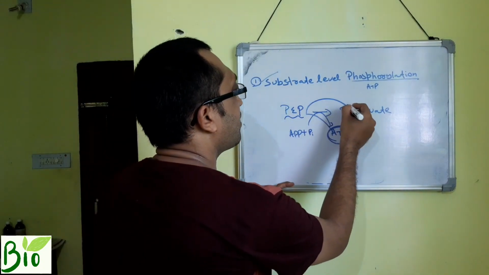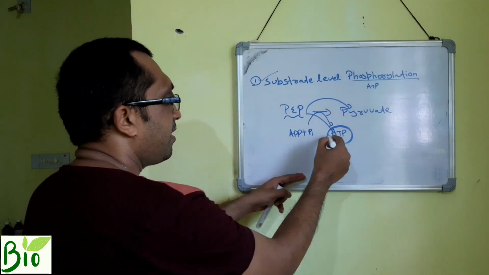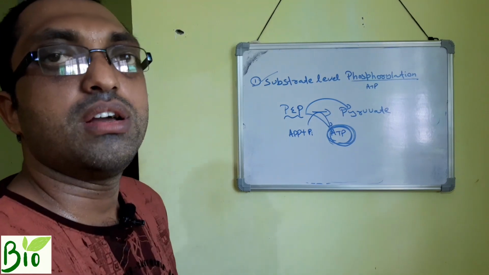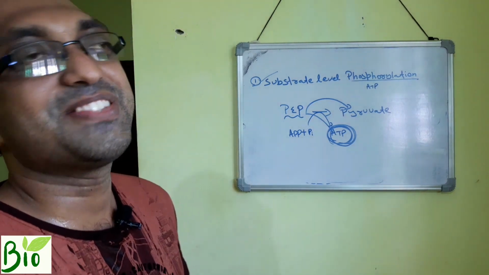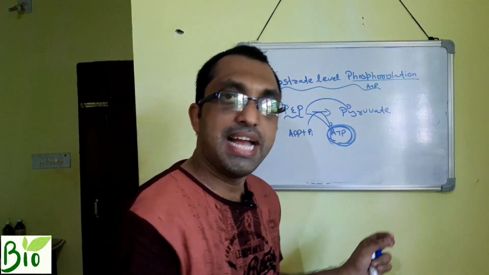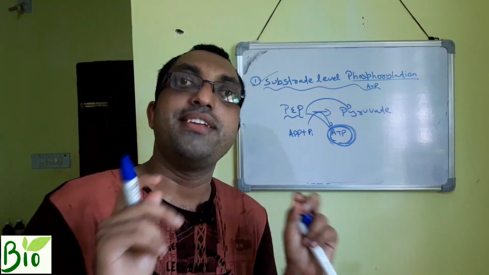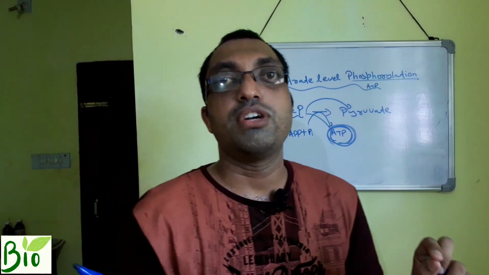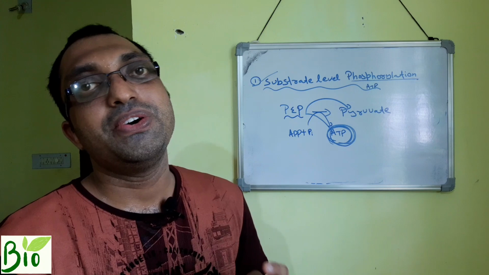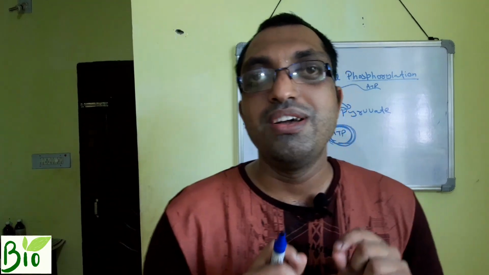When the substrate converts to the product. Therefore, this is called substrate level phosphorylation. When during a reaction ATP is produced directly, as the substrate is converting to product, it is called substrate level phosphorylation.